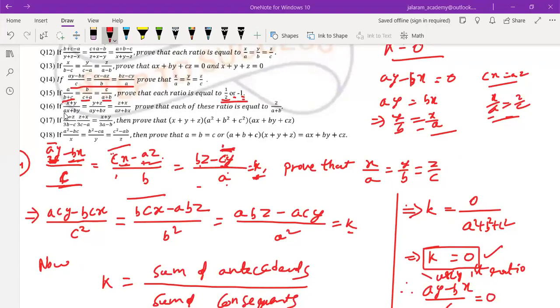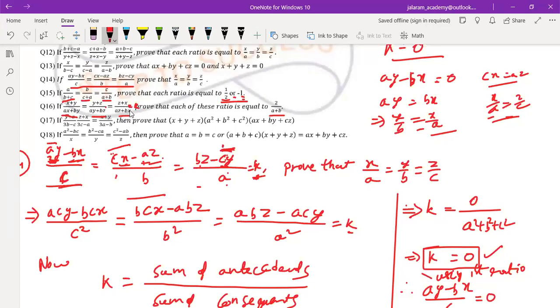Now question number 16. I think this you can solve. Prove that each of these ratios is equal to 2 upon a plus b by the same method, by assuming it to be k. When you add, the numerator is 2x plus 2y plus 2z, and in the denominator you take a common into x plus y plus z and b common into x plus y plus z. So in the numerator, take 2 common into x plus y plus z, and in the denominator a plus b into x plus y plus z.